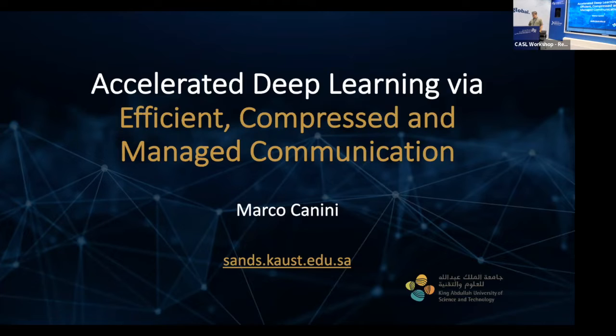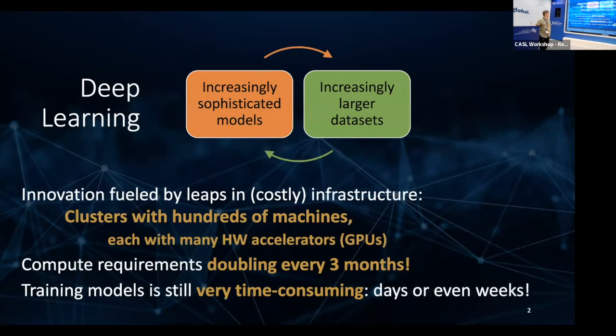Let me get started by saying how much I actually enjoy living in present times, because we really live in a virtuous cycle where great data scientists, great students, and whatnot can create increasingly larger models thanks to increasingly larger data sets, and this is just happening as we continue.